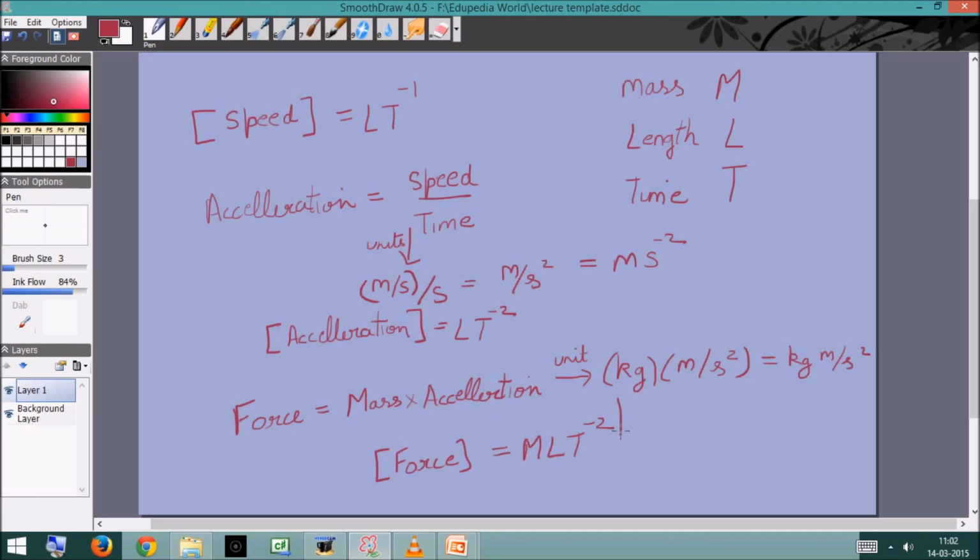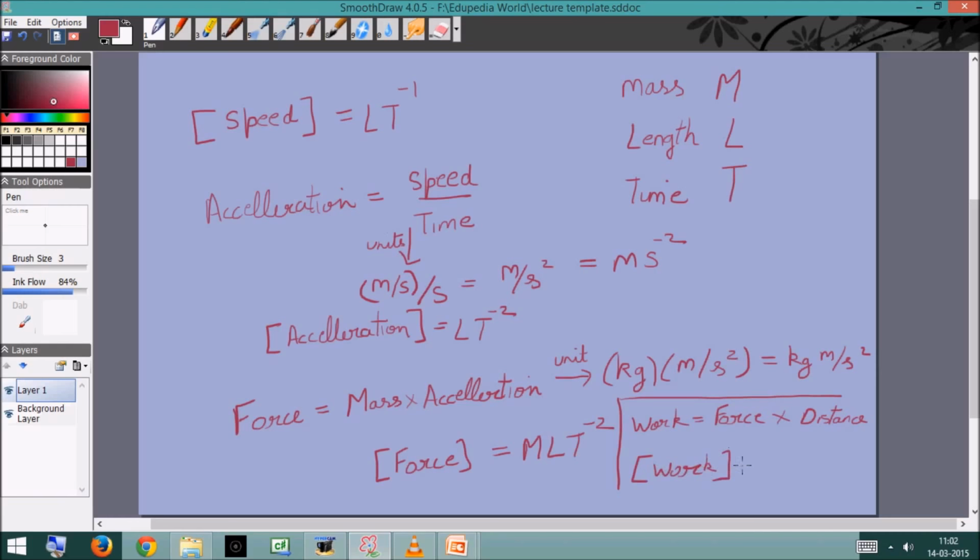Let's just do one more quickly. We know that work is force times distance. I'm sure you've seen these definitions before, you've not really studied them in detail. We will do soon enough. So what is the dimensional formula of work? Try to guess before I write.